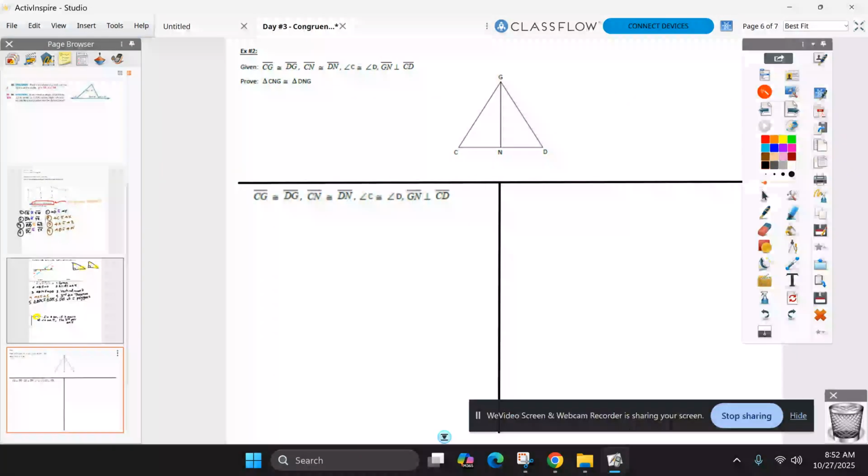So let's do this again now. Get your diagram marked up. There's a symbol in there. I'm interested to see how you're going to use that symbol on your diagram.